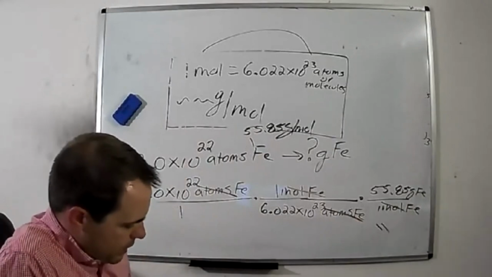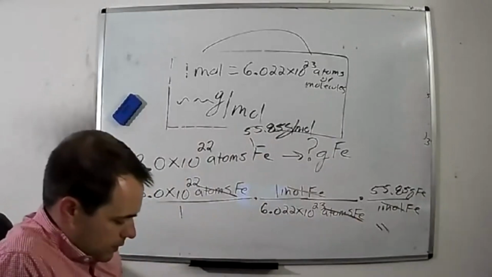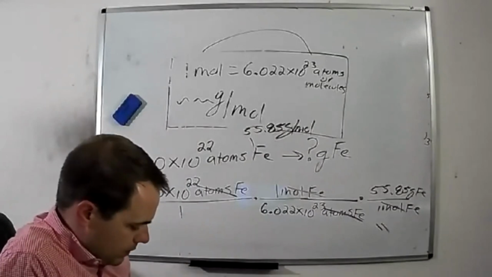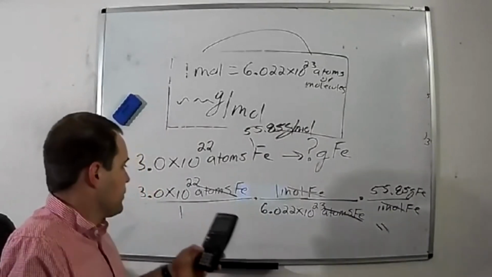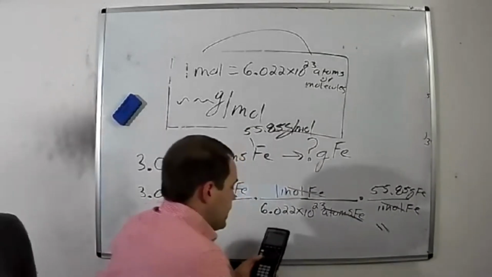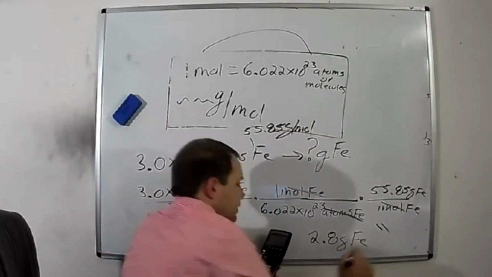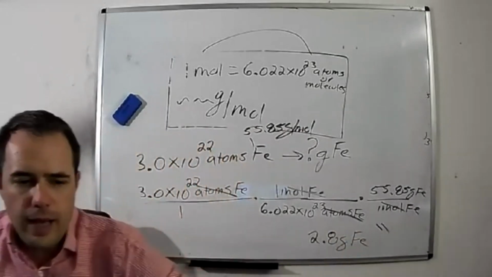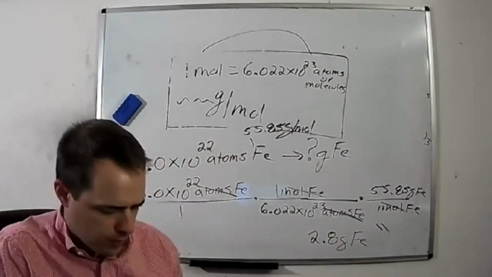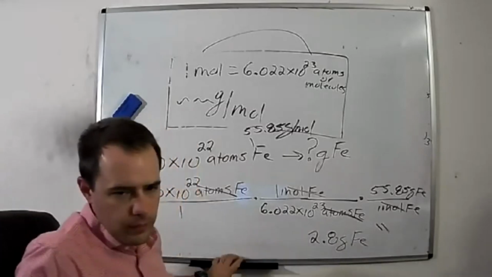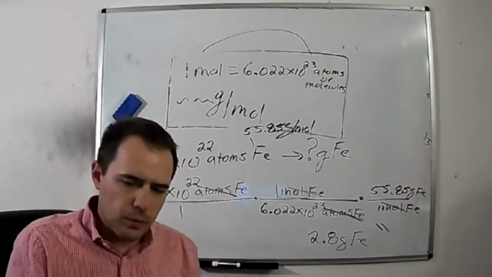So 3E22 divided by 6.022 E23 times 55.85. 2 sig figs this time. That would be 2.8 grams of iron. If a reaction called for 3 times 10 to the 22nd atoms of iron, you would need 2.8 grams of iron. You'd have to go to the balance and weigh that out.